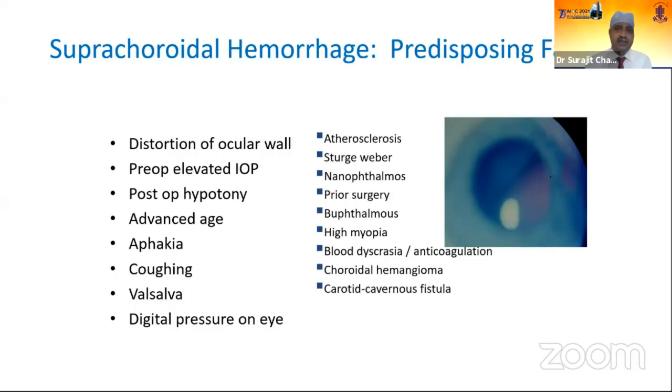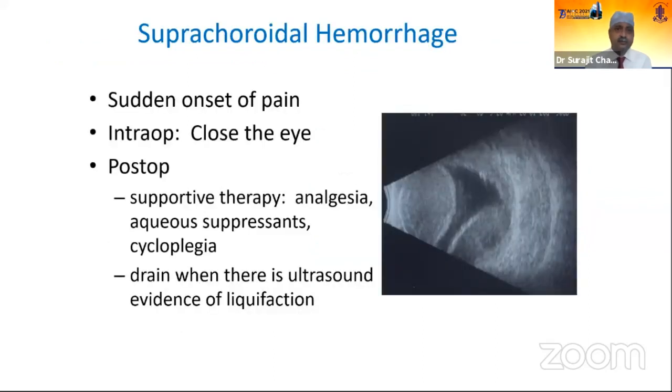The predisposing factors for suprachoroidal hemorrhage are distortion of ocular wall, pre-op elevated IOP, postoperative hypotony, advanced age, aphakia, coughing, Valsalva, digital pressure on eyes, atherosclerosis, Sturge-Weber, nanophthalmos, prior surgery, high myopia, blood dyscrasias or anticoagulation, choroidal hemangioma, and carotid cavernous fistula. The list is really long.